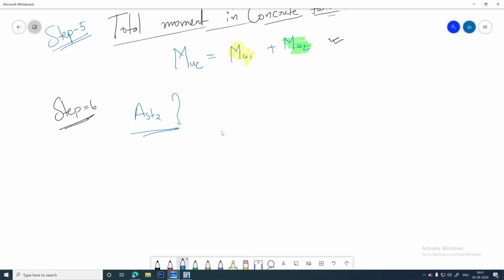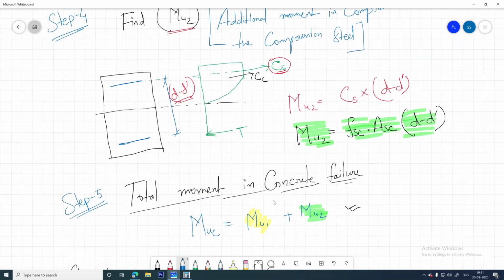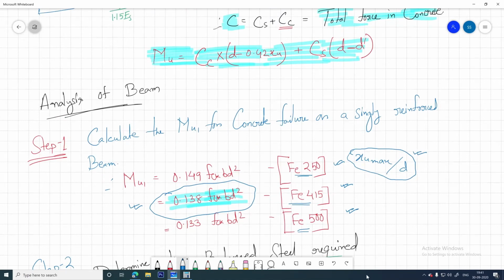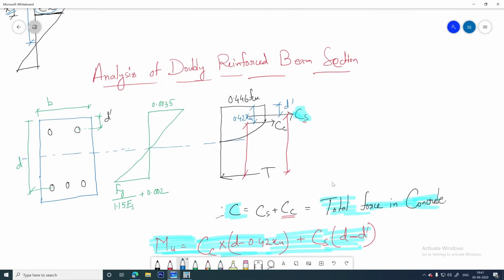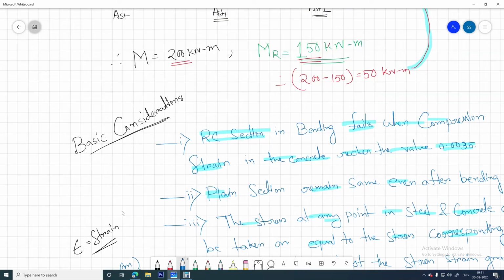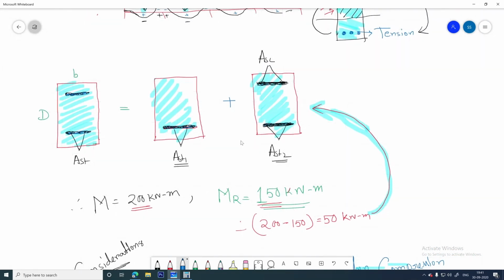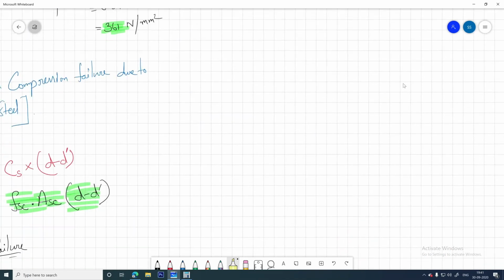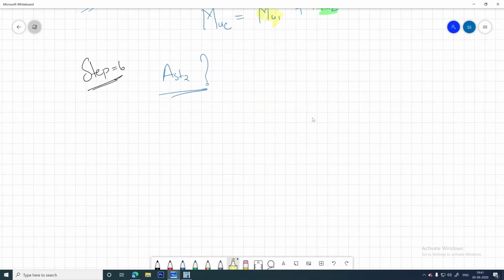AST2 means it is the steel which is required for taking the balanced moment, that I have already shown previously. Let us show you what I have shown. Yes, in the diagram you can see this is the AST2 where it is placed over here. So that AST2 you need to determine, and how you determine that I will definitely show.